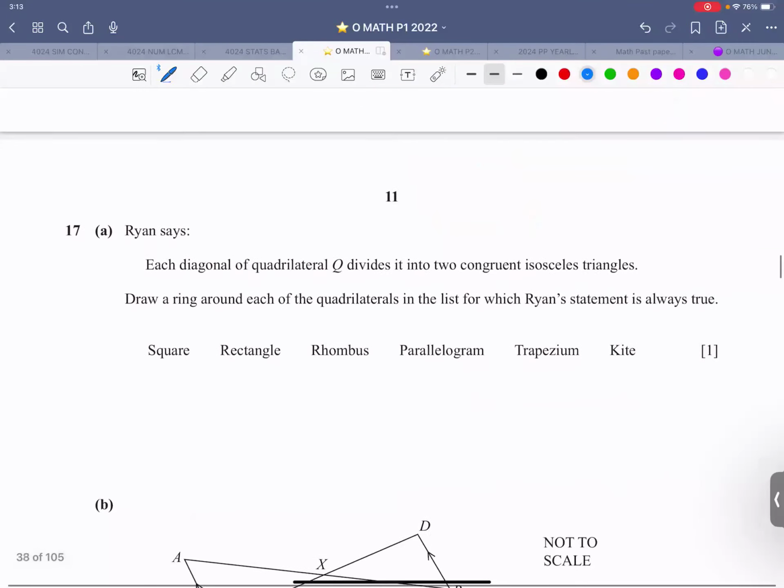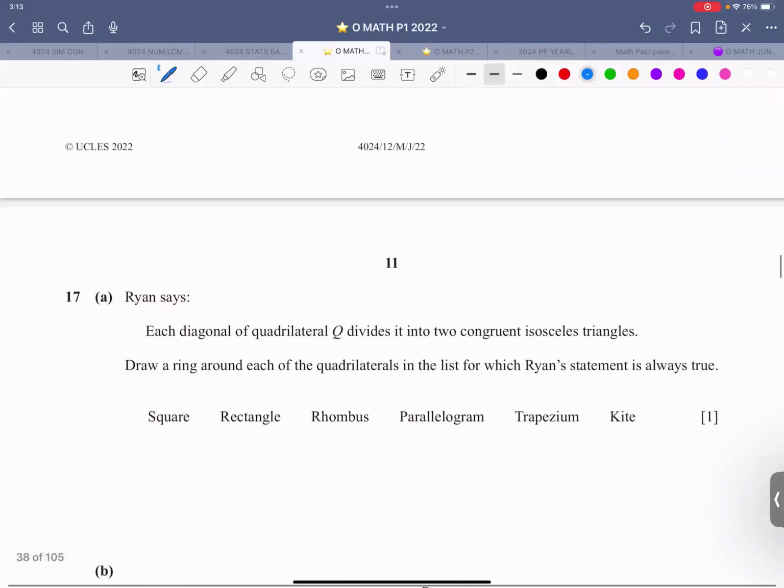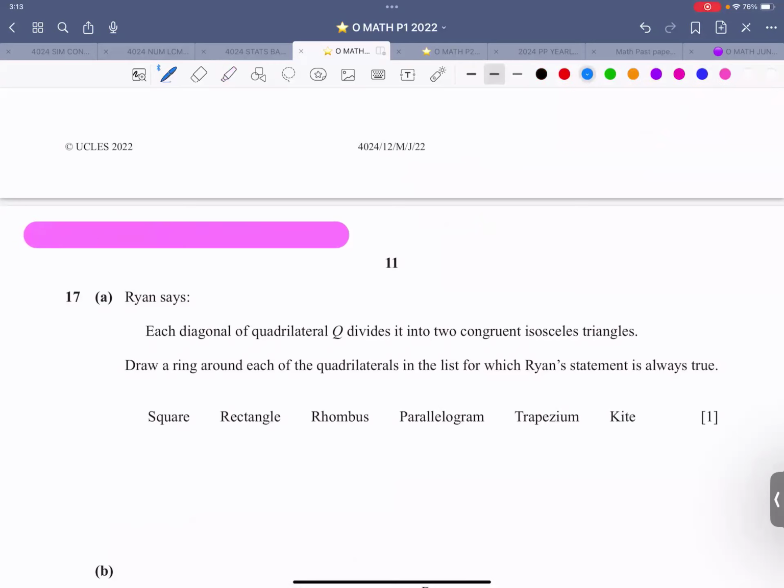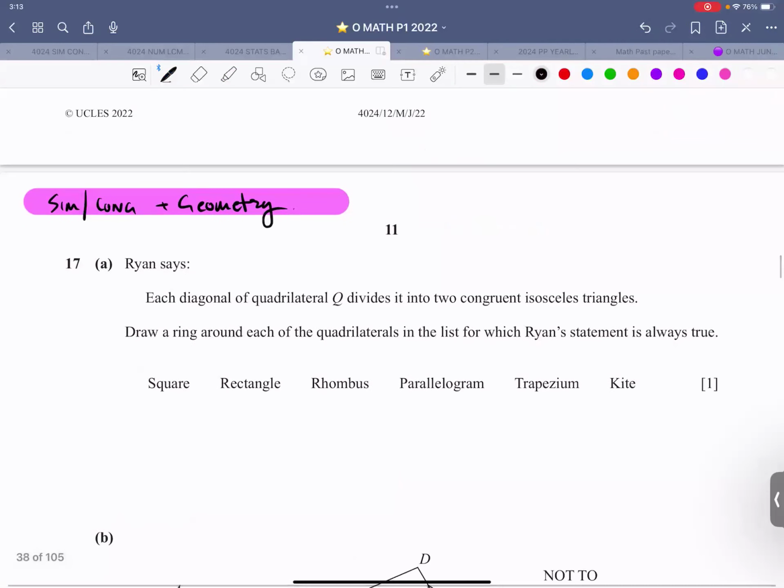Now, question number 17. This looks like similarity, congruency, geometry. So this is similarity, congruency, and geometry. Similarity and congruency is basically part of geometry. Now the question says, each diagonal of a quadrilateral divides it into two congruent isosceles triangles.